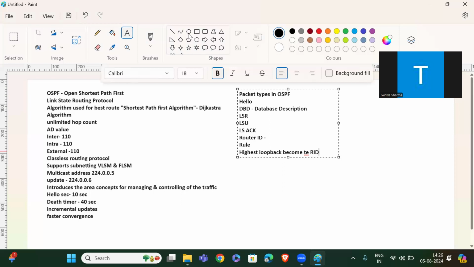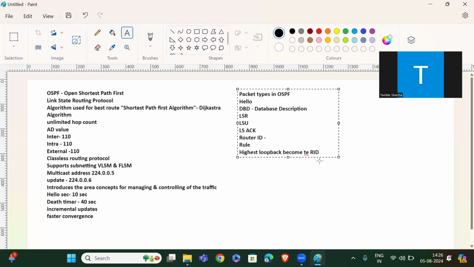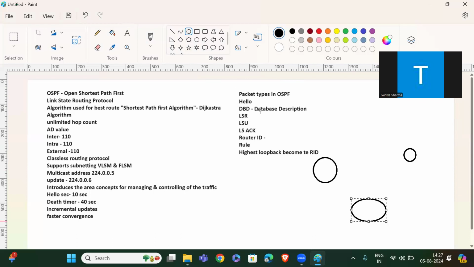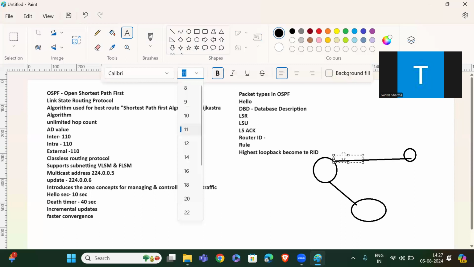Let me explain. Here we have three routers connected. It has two interfaces, right? So I am assigning here IP address 10.10.10.10.